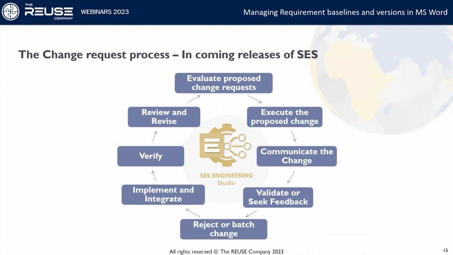But what does this mean? Basically, it means that you will have a control change process. So if you have a review comment on Word, perhaps you as an author are not the one who should decide if this is a good comment or not. So you will be able to have a controlled set of steps in order to control the change part of this requirement.